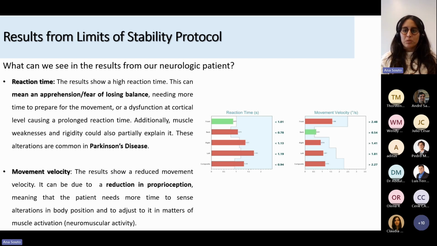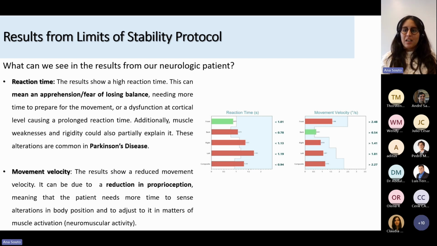It can be due to changes in the somatosensory system, such as a reduction in proprioception that can be caused, for example, by alteration in the mechanoreceptors of the soles of the feet, or even a slower transmission of sensory inputs, and changes also in the central interpretation and organization of the sensory inputs.